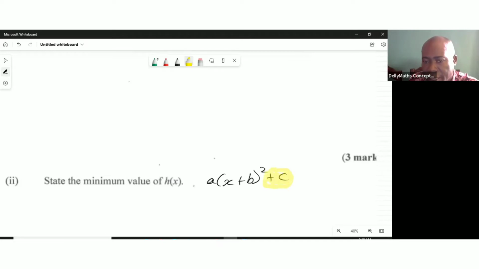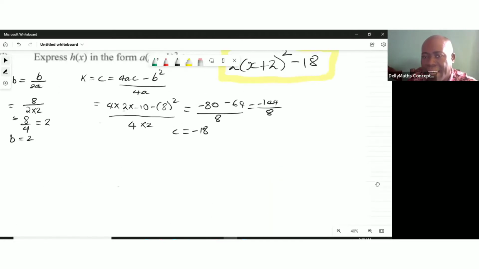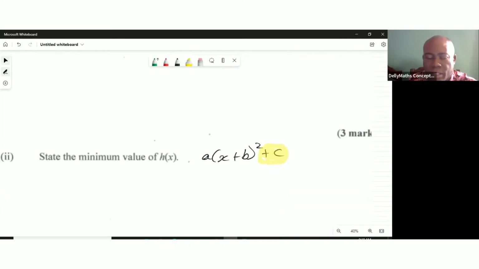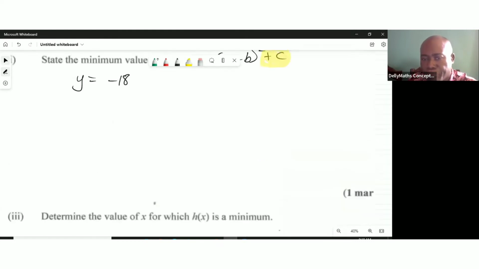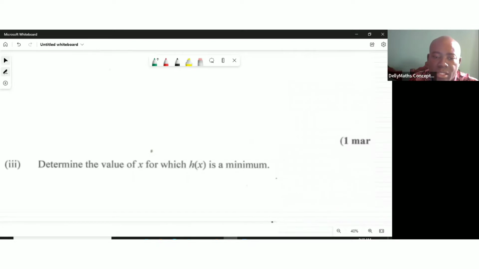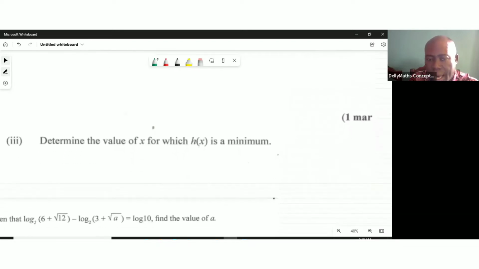This number is my minimum value. So in this case, we're looking at 18 up there, right here. So there it is, negative 18 is my minimum value. So the minimum value is where y is equal to negative 18. That's my minimum value.